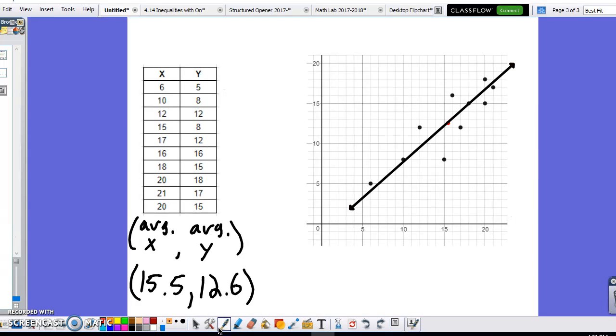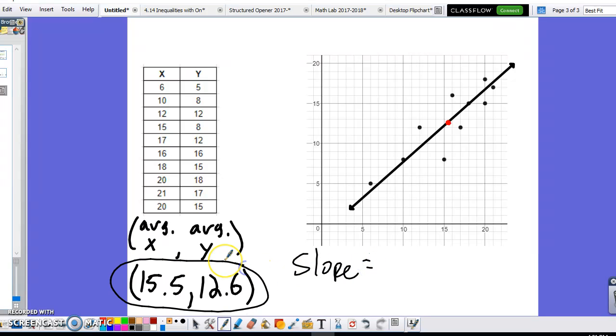Okay, so I calculated the balance point, I plotted my balance point on my graph, I sketched in a line. Now the next thing I need to do is calculate the slope of my line. To do that, I'm going to use the balance point as one of the points.